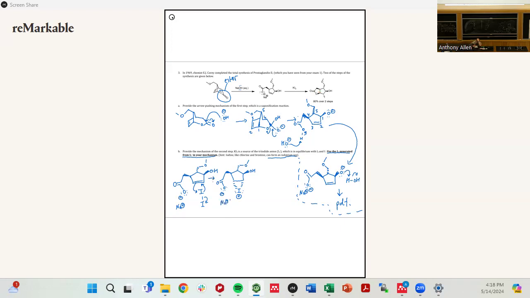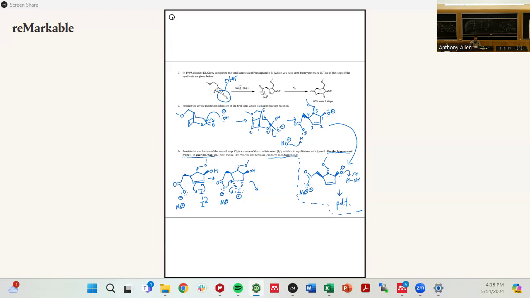Here we need to form a ring with that oxygen. What do you think happens? Yeah, that's exactly right. What does this kind of remind you of? Halo what formation? Yeah, halohydrin or halo ether formation.